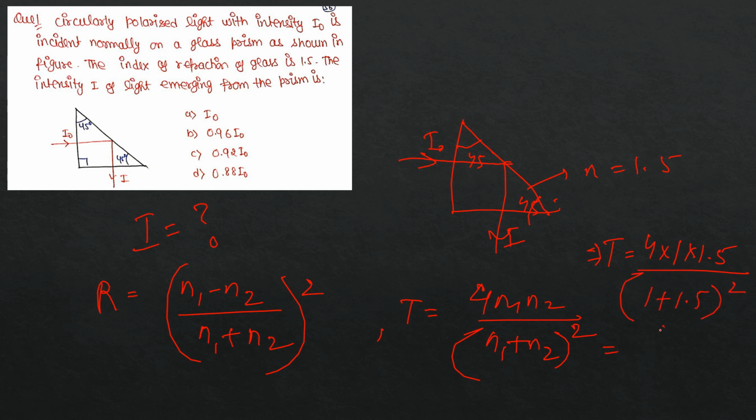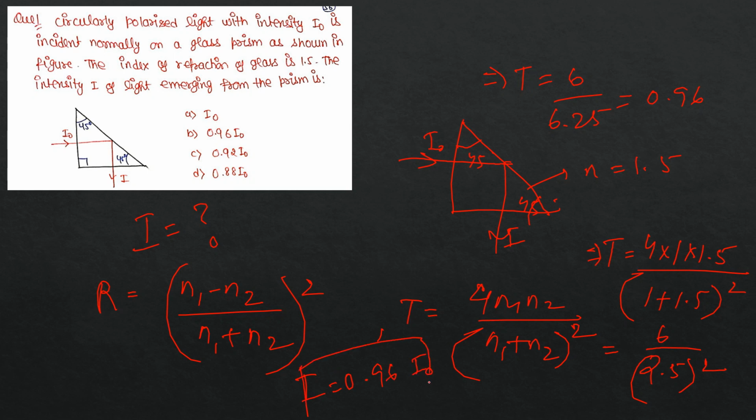So this is 6 divided by 2.5 whole square. So T is equal to 6 by 6.25, that will be 0.96. So I will be 0.96 I naught. Okay, so this is your answer.